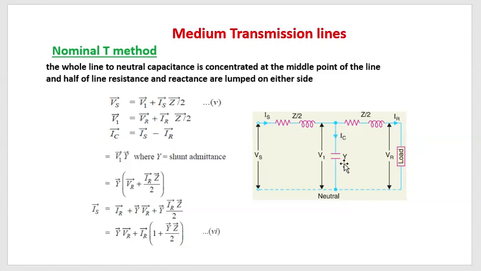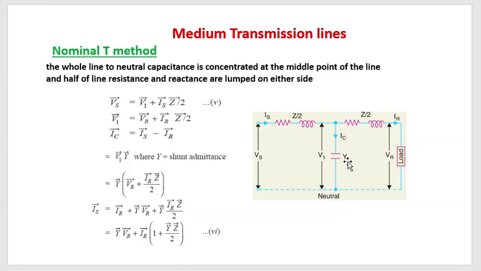As you can see in this figure, Vs is the sending end voltage, Is is the sending end current. At this point, Is divides into Ic and IR, where IR is the receiving end current and VR is the receiving end voltage, and the voltage across this capacitance will be V1.